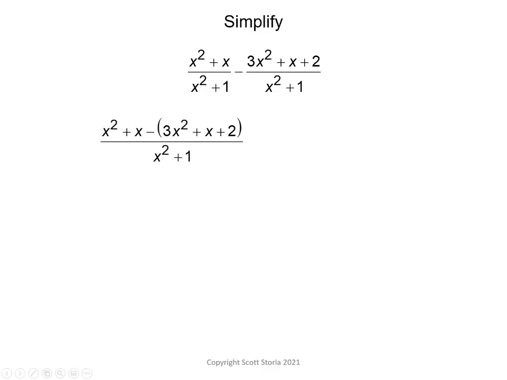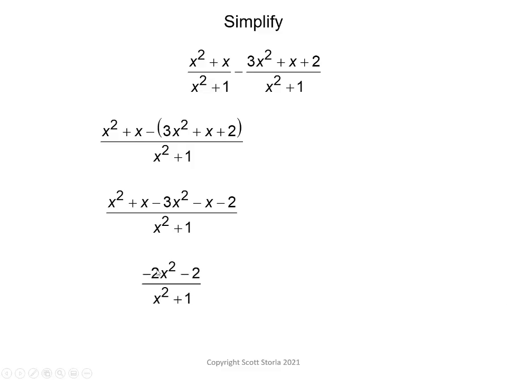I'm going to use parentheses since I need to subtract the entire trinomial. I distribute. These all become opposites. I collect like terms. This will give me negative 2x squared. This will give me 0. And then I'll be subtracting 2.